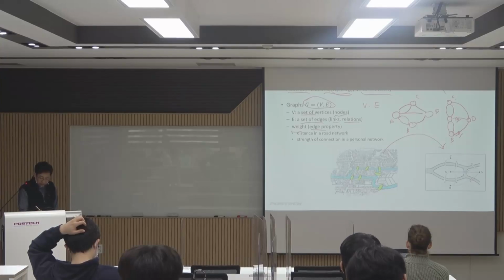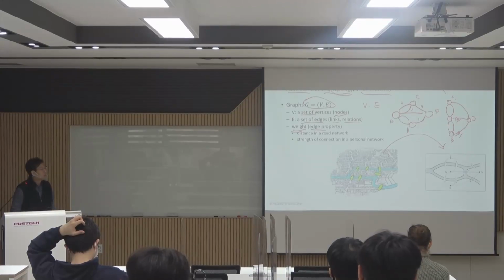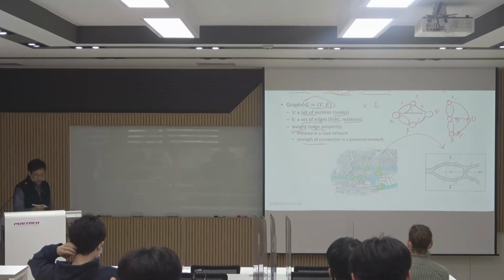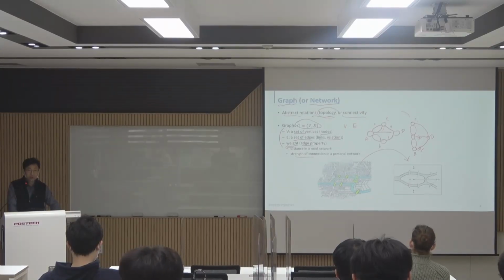We might also label them 1, 2, 3, 4. It can represent many things. For example, these weights can represent distance, or the strength of connections in a personal network. So these are the two or three key components to build up the graph model.